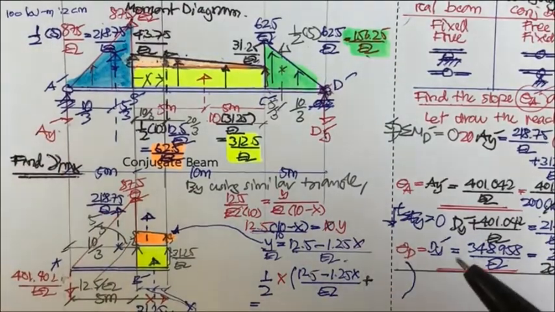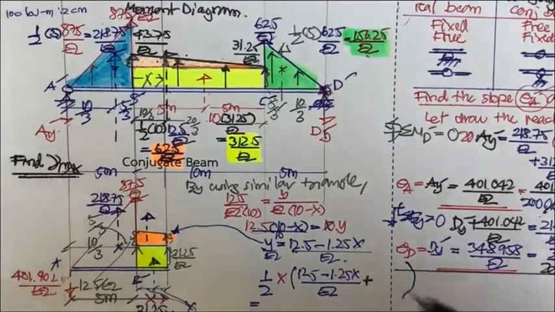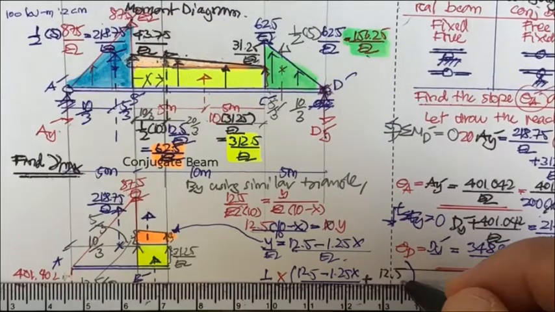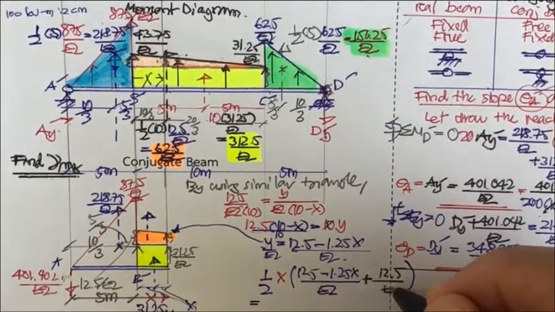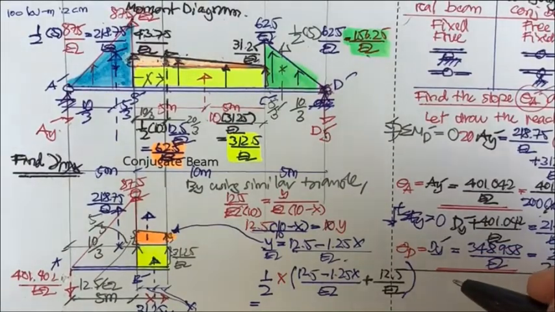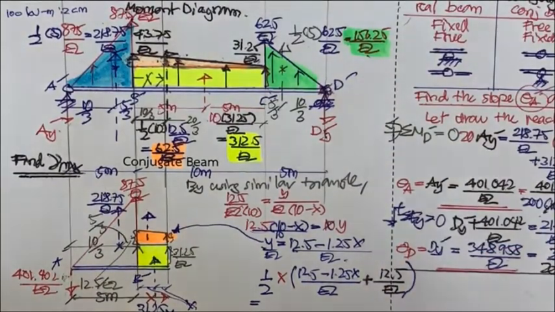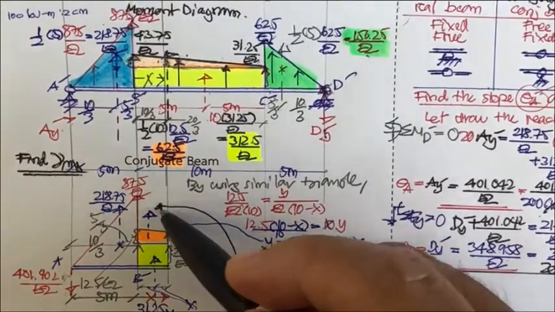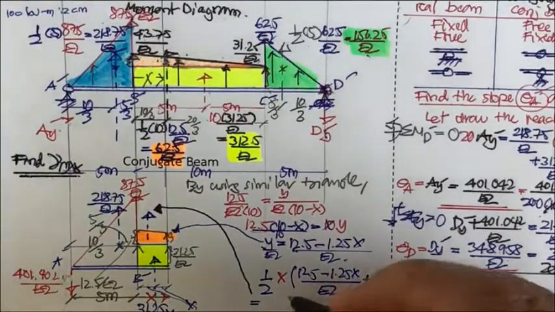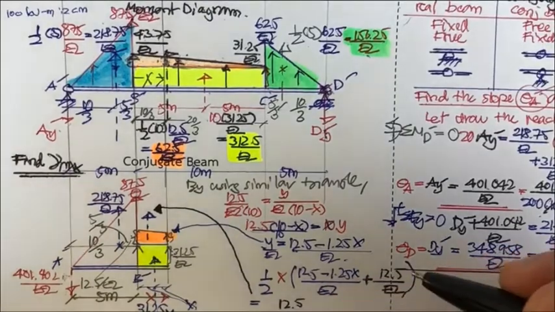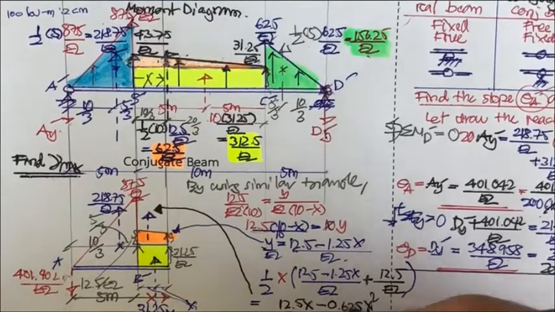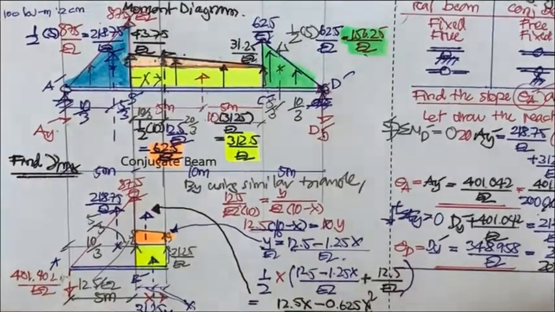Okay, so it's going to plus this one, 12.5 over EI. Okay, that is going to be correct. And then you may get the area, the resultant here of 12.5x minus 0.625x squared, and then divided by EI.